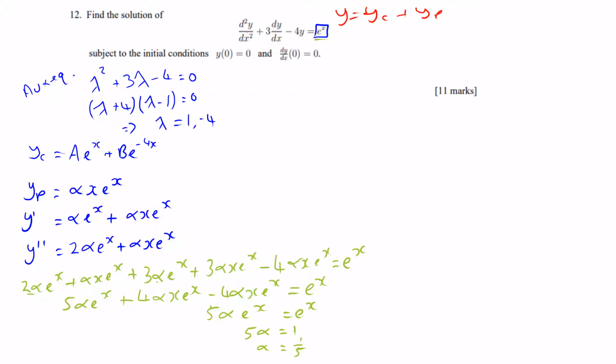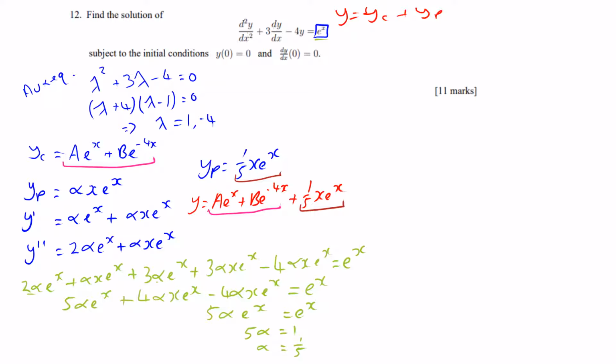So our particular integral yp equals a fifth x e to the x. So now we can write our solution: y equals A e to the x plus B e to the negative 4x plus 1/5 x e to the x. We have our complementary function and then our particular integral.